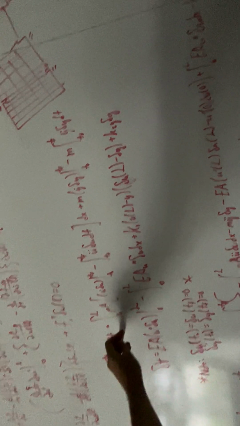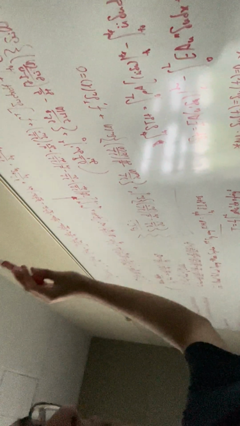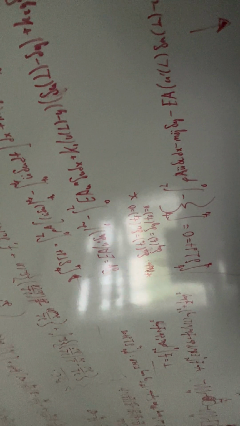We take integration by parts of the kinetic energy, the integral from 0 to L, which is the ending boundary, of rho A. The integration by parts formula is just the integral of u dv equals uv at the boundaries minus the integral of v du. As we incorporate that, we understand the process of doing everything now. Later on, this is going to cancel out A and rho. It's going to be divided.